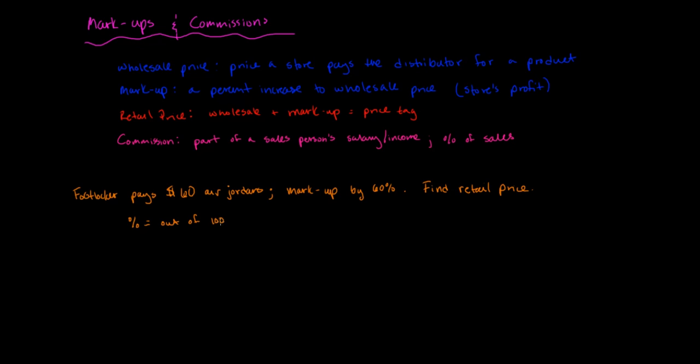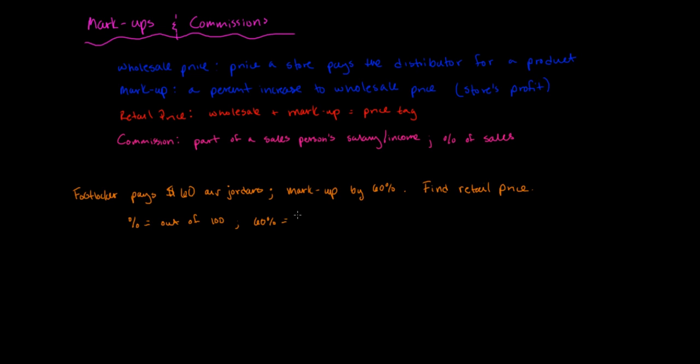If I'm talking about percent, I'm literally talking about every per cent, right? Per centimeter, it's out of 100, it's a hundredth of a meter, right? A centimeter. So we're talking about 100 here. And what we're going to do is change this 60% to a decimal.